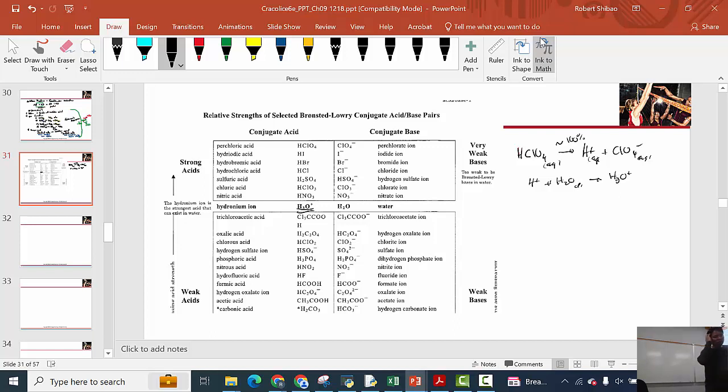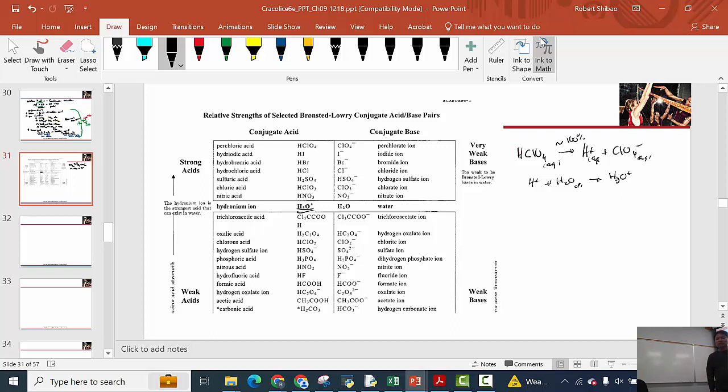How much hydronium you have is dependent on how strong the acid is. Strong acids, you have lots of hydronium, because all these are strong electrolytes. Strong electrolytes break apart completely. Weak acids partially ionize. The stronger the weak acid, the more hydronium. The weaker the weak acid, the less hydronium. So you get less and less hydronium as you get weaker and weaker.